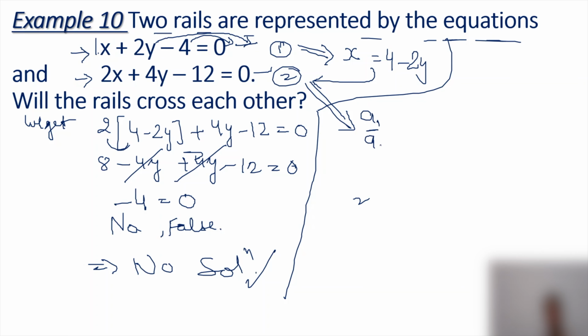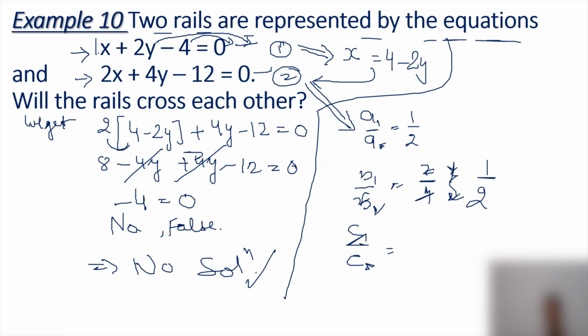A1 upon A2 in this case is equal to 1 upon 2. B1 upon B2 is equal to 2 upon 4, which is equal to 1 upon 2. And C1 upon C2 means minus 4 by minus 12, which is equal to 1 by 3.